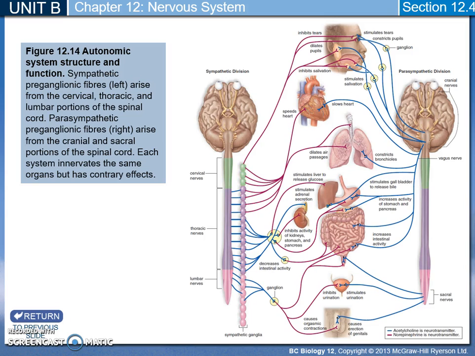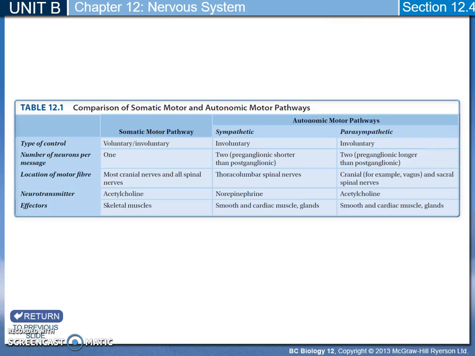However, one has a stimulating effect on certain organs and systems, and the other would have an inhibiting effect. And here are some of the different effects that they have as far as the sympathetic and the parasympathetic systems go. So that concludes what we're going to look at as far as the peripheral nervous system goes.